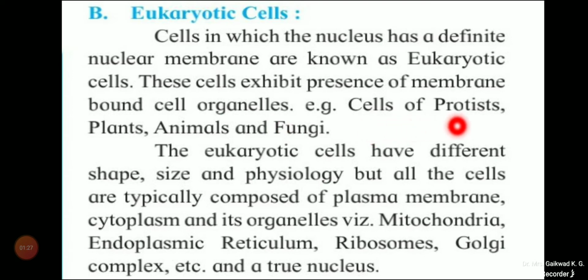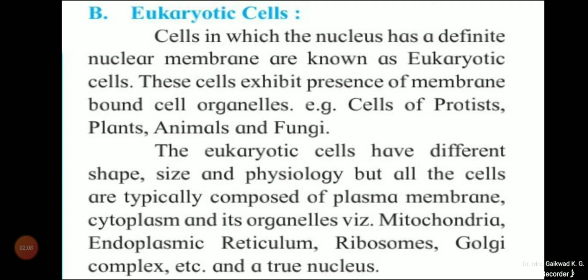The cells of protists, plant cells, animal cells and fungi are all examples of eukaryotic cells. Eukaryotic cells have different shapes, sizes and physiology, but all are typically composed of plasma membrane and cytoplasm. Eukaryotic cells also have different cell organelles like mitochondria, endoplasmic reticulum, ribosomes, Golgi complex and many more.